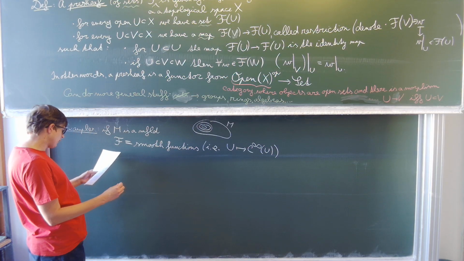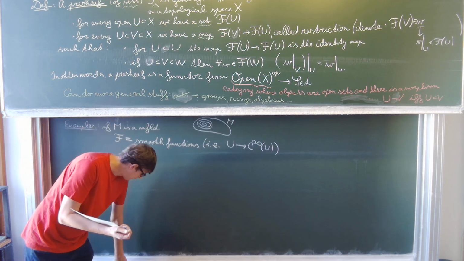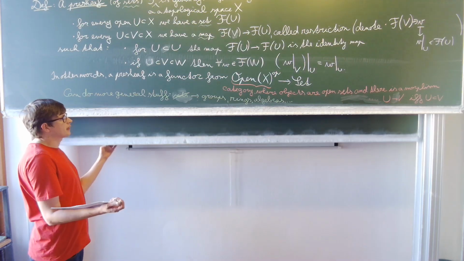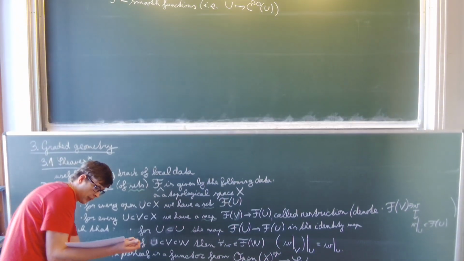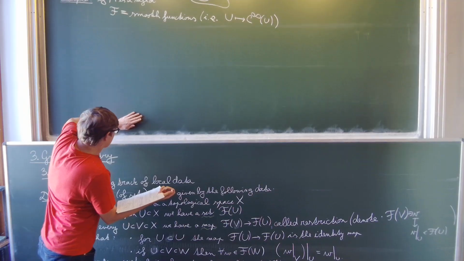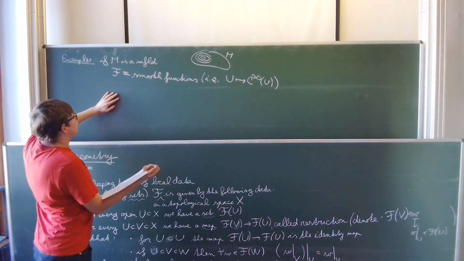I will write a bunch of things, and then we will see later on when we define sheafs that not all of these are actually sheafs, but they are all presheafs. In preparation for that, I'll write a bunch of other stuff.